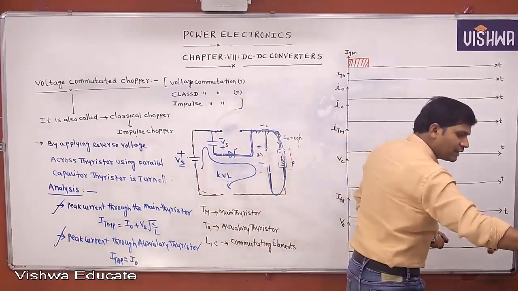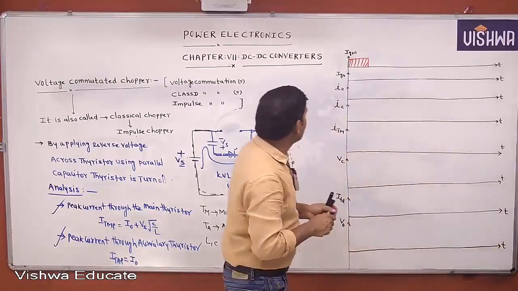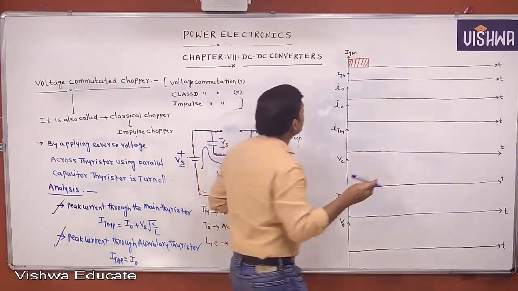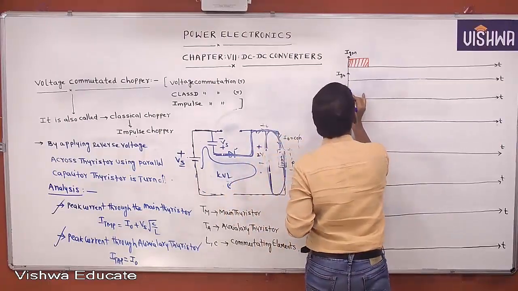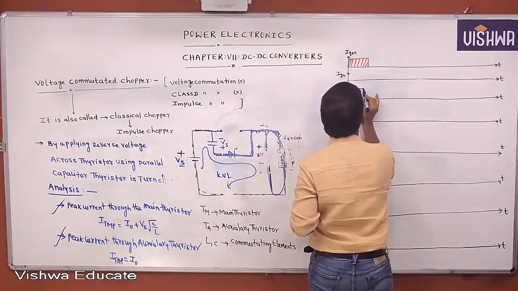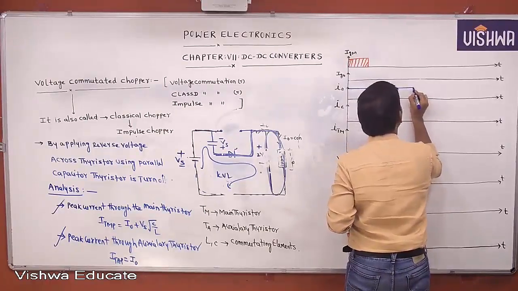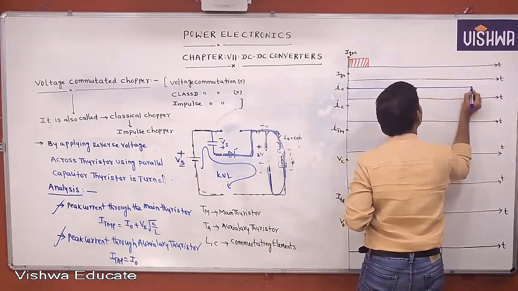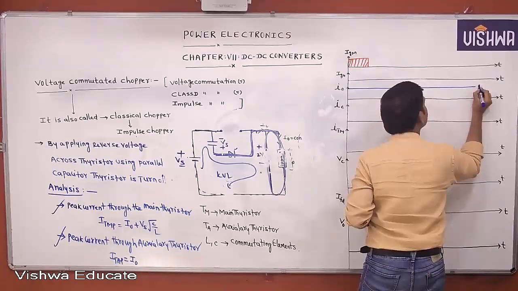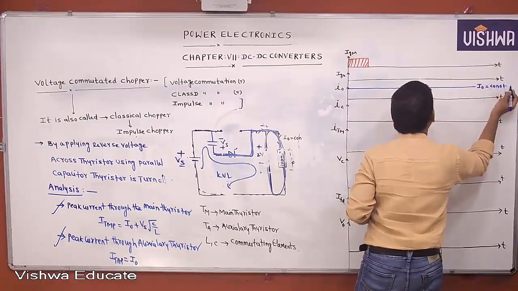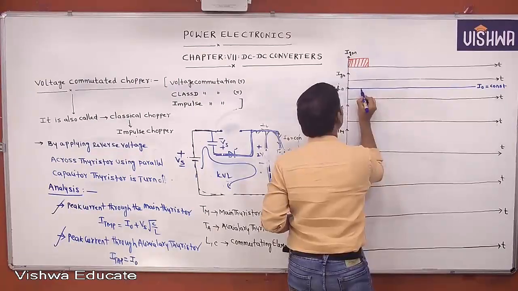Once the main thyristor is triggered, it starts conduction. We know this is the load current waveform. We are assuming that the load current is constant. I0 remains constant throughout, as we are supplying constant current to the load.